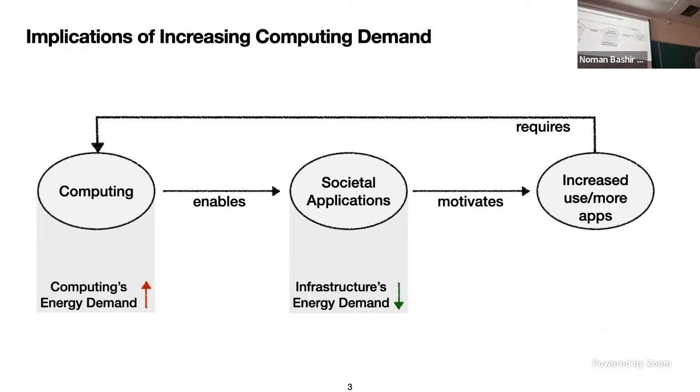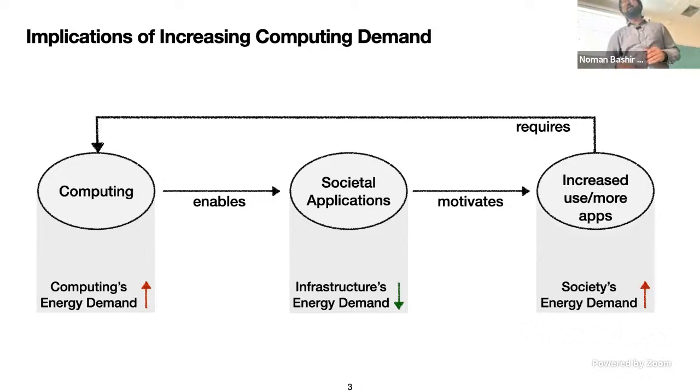The point here is, even though individual applications such as transportation and buildings are becoming more and more energy efficient, the overall energy demand of the society is growing. So then basically you have to balance things out.